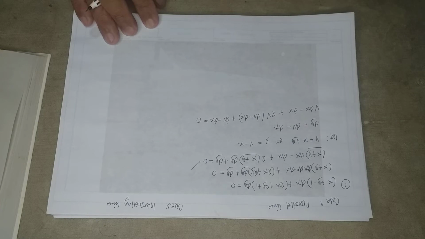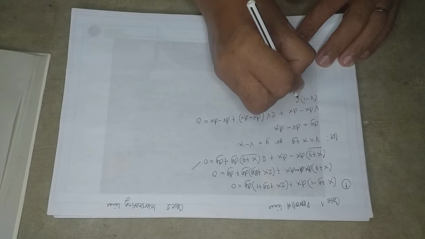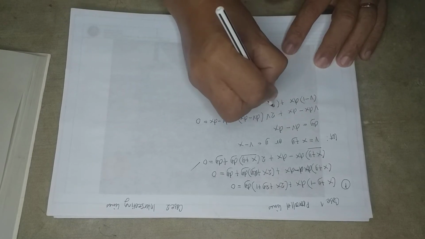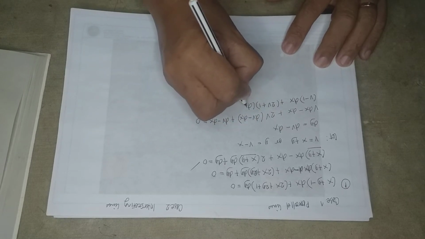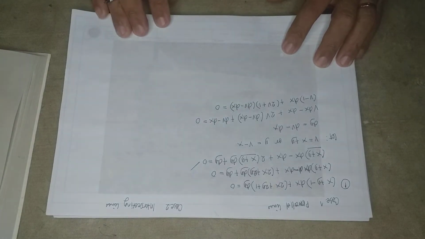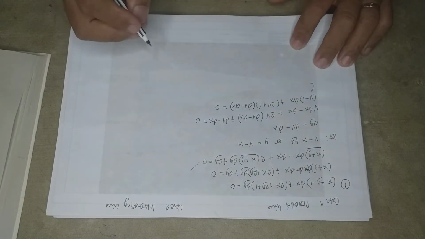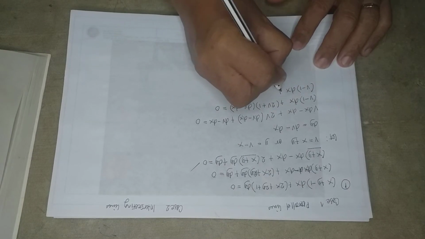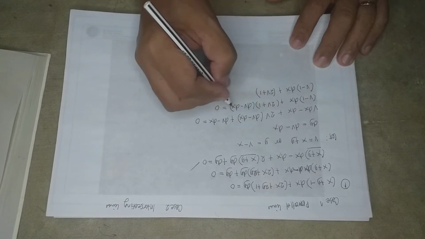Simplifying this, we may have (v - 1) dx + (2v + 1)(dv - dx) = 0. So we have (v - 1) dx + (2v + 1) dv - (2v + 1) dx = 0, distributing 2v + 1 inside.